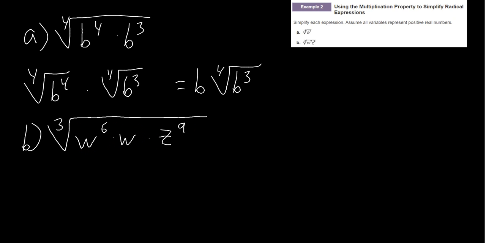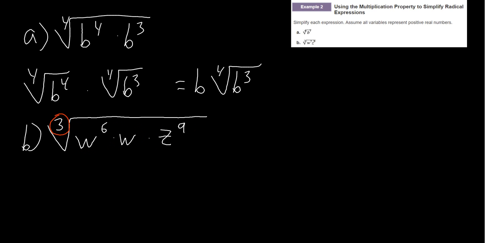What I'm doing here is finding the largest multiple of the index. In this particular case, my index is 3. So what is the largest multiple of 3 that will go into 7, because we have w to the seventh, and 9, z to the ninth?